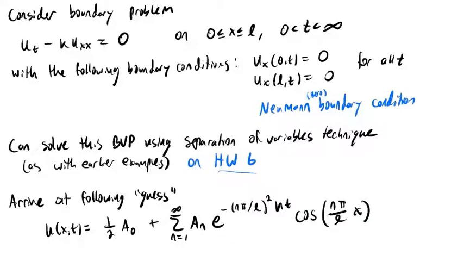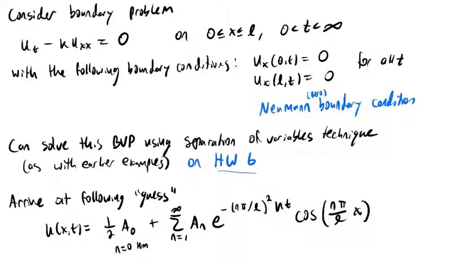And so you'll work through the separation of variables technique, and you'll arrive at this guess for a solution on your next homework. And so the main difference is, for one, we now have a coefficient corresponding to n equals 0. And this is necessary because the cosine of 0 is not 0.